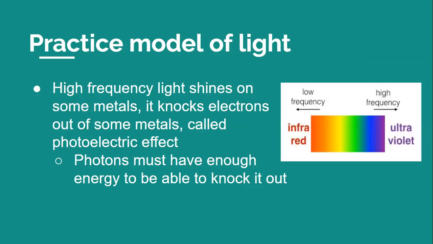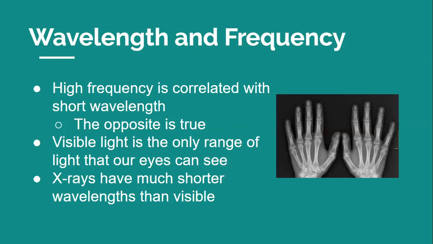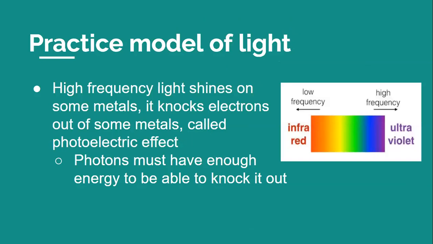So, the particle model of light. The wave model of light does not explain all the properties of electromagnetic waves. For example, when a beam of high frequency light shines on some metals, it knocks some tiny particles called electrons out of the metal. This is called the photoelectric effect.